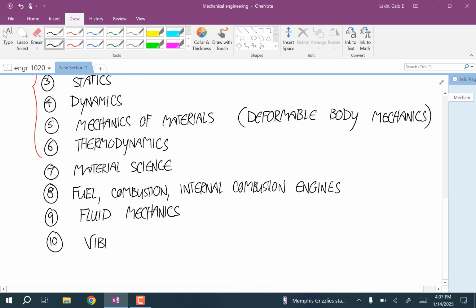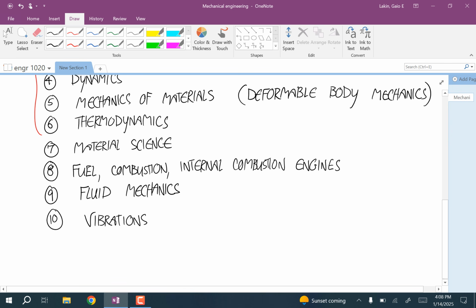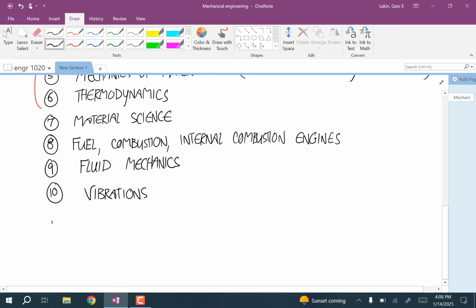Vibrations. So a big part of mechanical engineering is trying to figure out how to limit vibrations, because those often cause damage in things. And then the last one is manufacturing engineering.